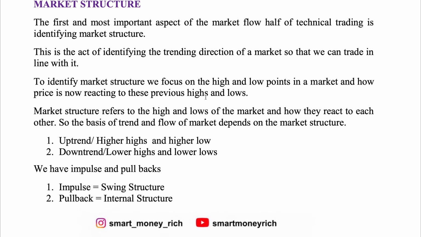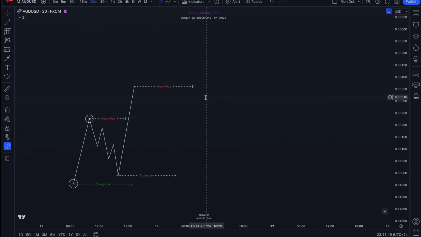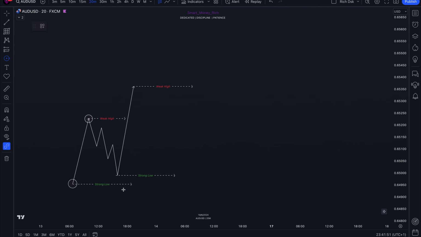Right? I said we identify the highs and low points in the market and how price is reacting to them. So in this case, guys, this is going to be my low point, right? And also this is going to be my structure high.